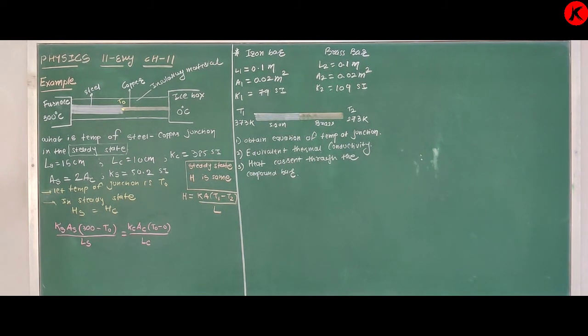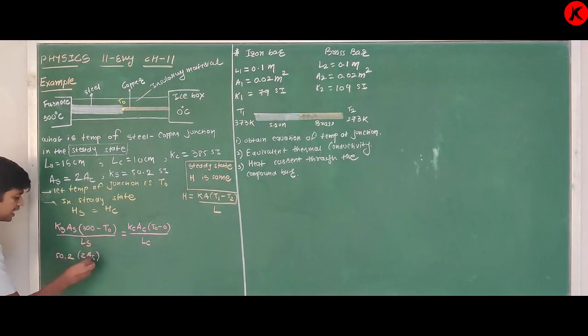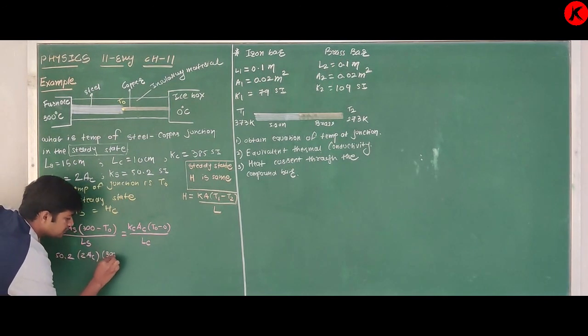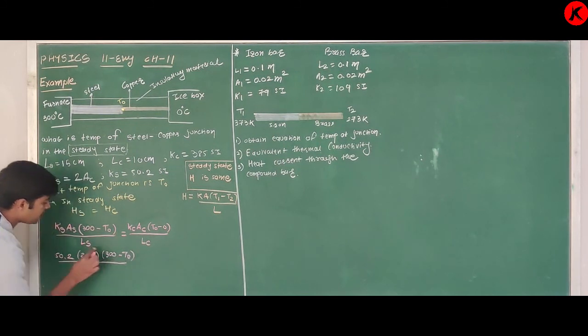So now what to do? We have to put in the values. See Ks. Where is Ks? Here it is 50.2. I can write AS as 2 AC. I can write it as 300 minus T0 divided by LS.